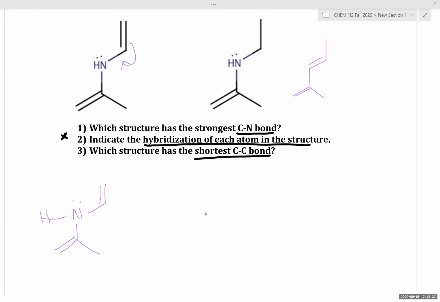Like making it a lone pair on the carbon? Yep, exactly. Yeah, that could work, but it would be a minor structure.